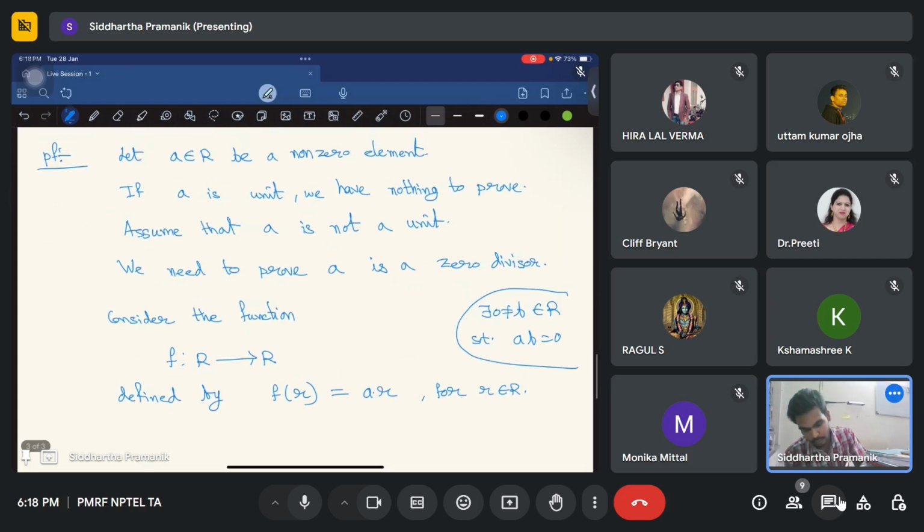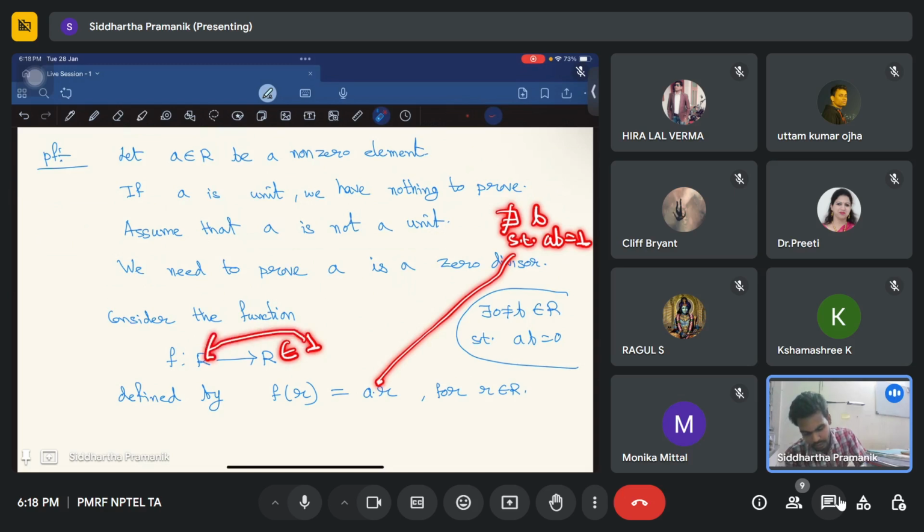So observe that we have assumed A is not a unit. So this means there does not exist any element B such that A times B equals 1. So if you take the element 1, it cannot have a preimage here, right?